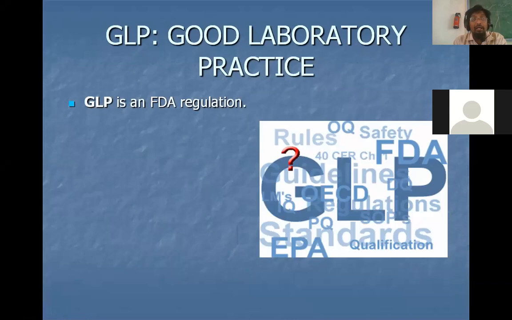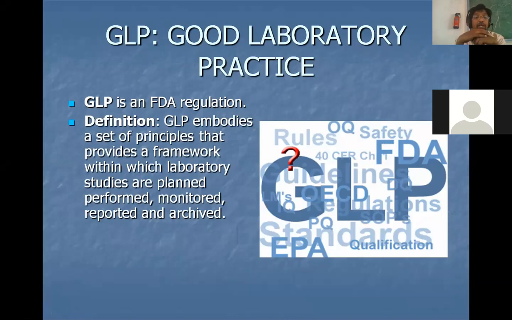GLP is basically an FDA regulation, Food and Drug Administration of America. GLP stands for good laboratory practice, and GLP embodies a set of principles that provides a framework within which laboratory studies are planned, performed, monitored, reported, and also archived.